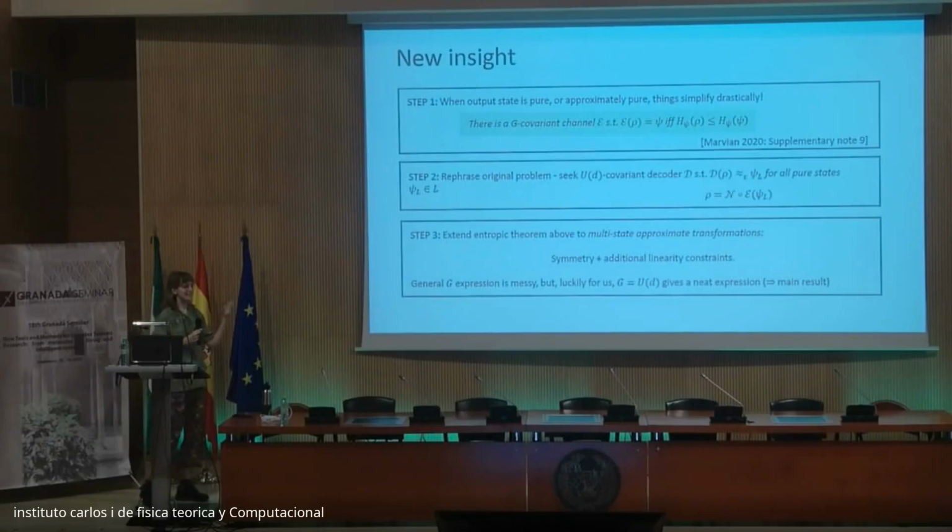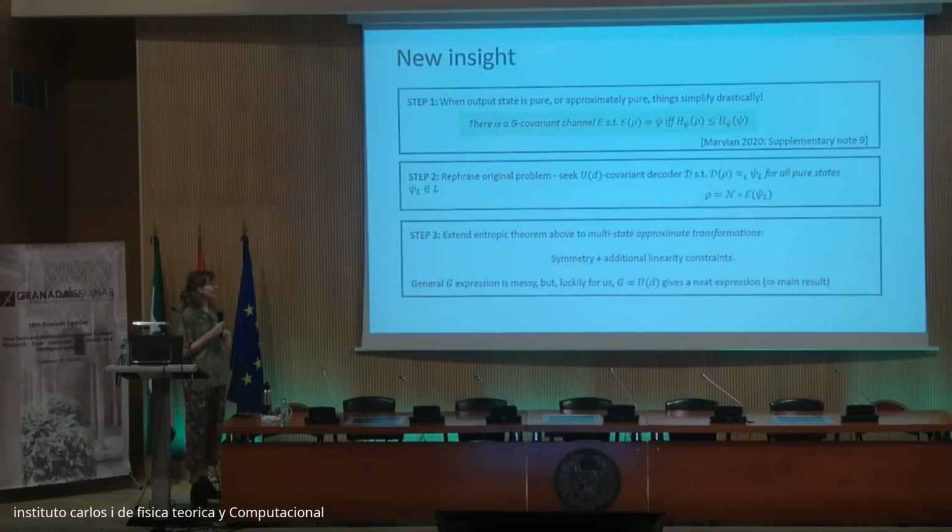The second step was to rephrase the original problem we had in error correction in terms of this perspective. In particular, we have a unitarily covariant encoder, such that you could recover your quantum information for every state of the system.